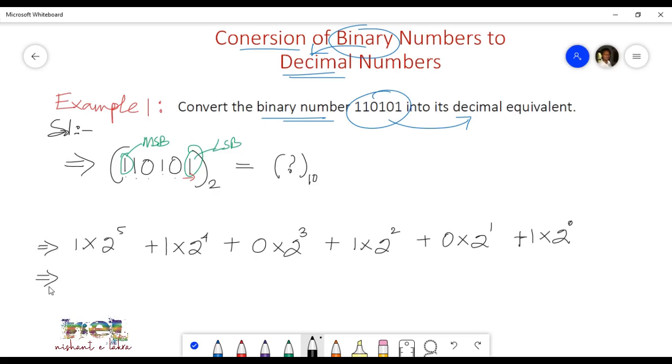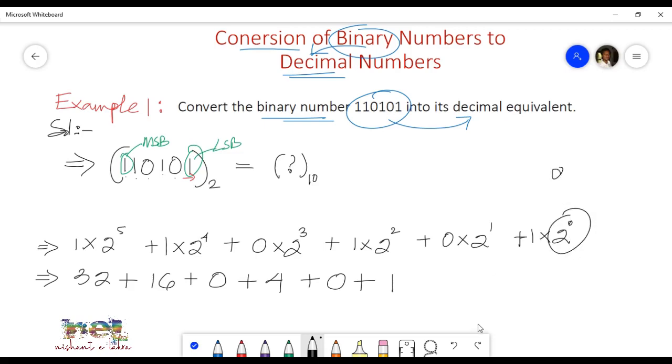Now we will further solve it. 2 to the power 5 will be how much? 2 to the power 5 is 32, so 32 into 1 will be 32, plus 2 to the power 4, we multiply 2 four times, that will be 16, and 16 into 1 is 16, plus any number multiplied with 0 gives us 0, plus 2 to the power 2 is 4, plus 0 into 2 to the power 1 will be 0, plus 1 into 2 to the power 0, or 2 naught. 2 naught will always be 1.